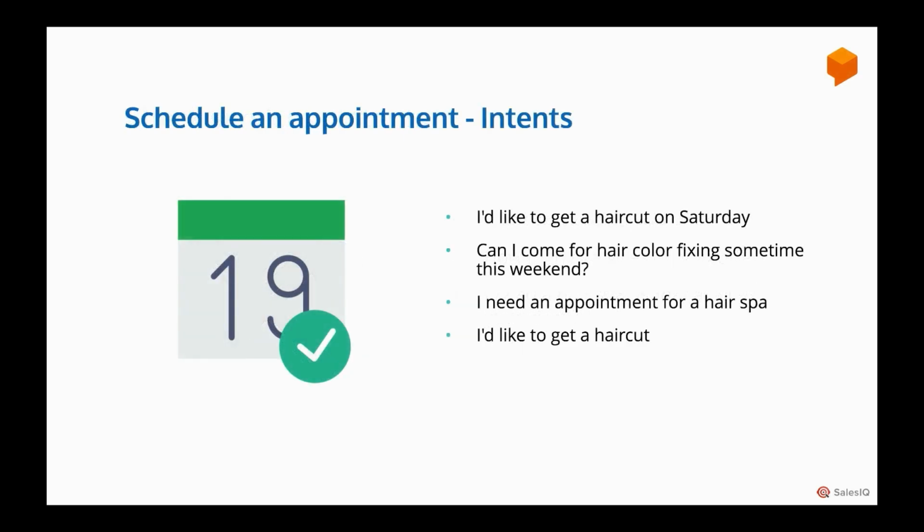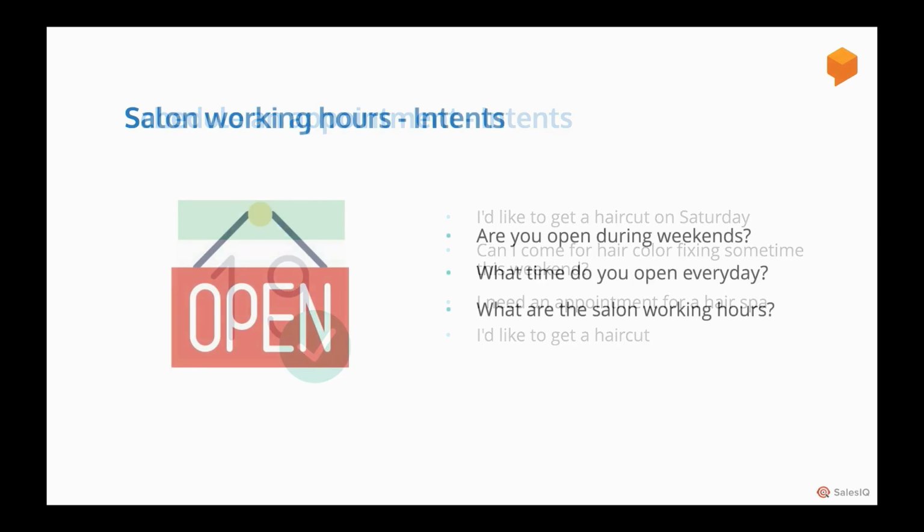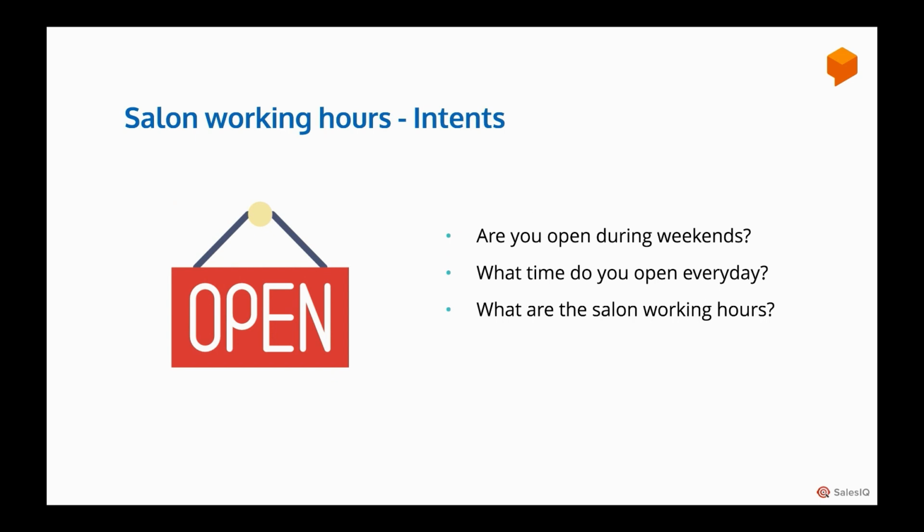And for schedule appointment intent, I can say I'd like to get a haircut on Saturday. When can I fix an appointment? Are there any free slots? So I'm going to keep feeding training phrases like these. And for Salon working hours, training phrases like, are you open during weekends, what are Salon working hours, what time do you work every day, etc.